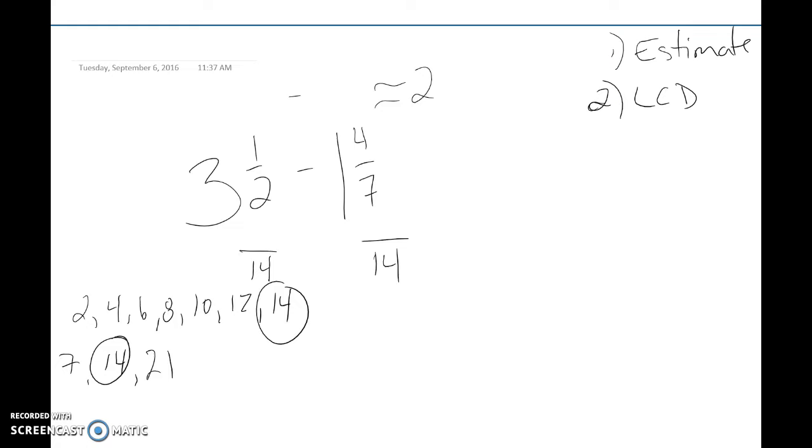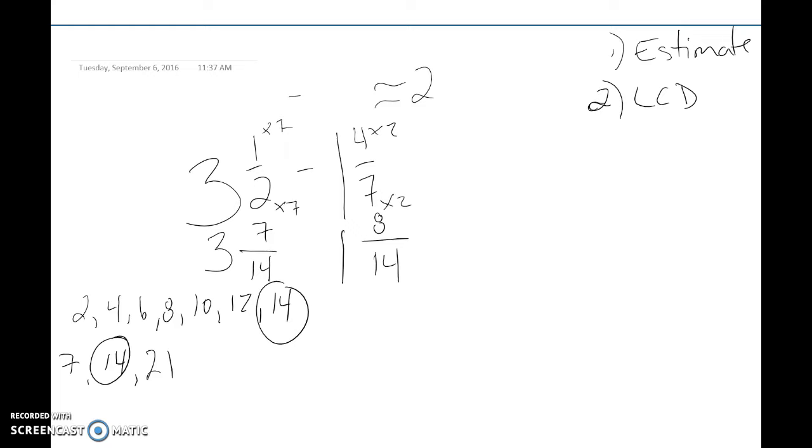So to get from 2 to 14, I multiply times 7. So I have to do it to the top. 7/14. And over here, 4 times 2 is 8. Alright?